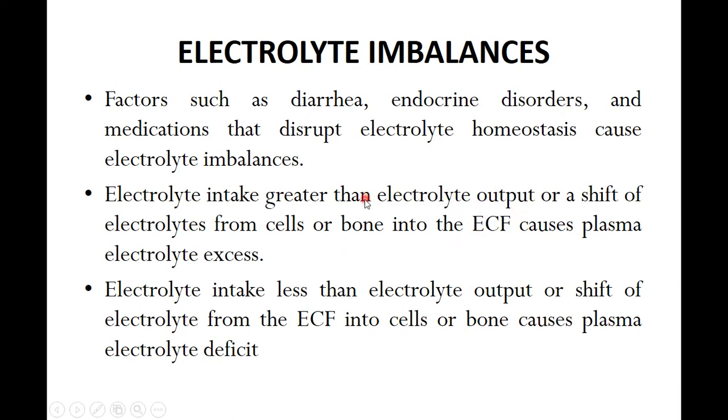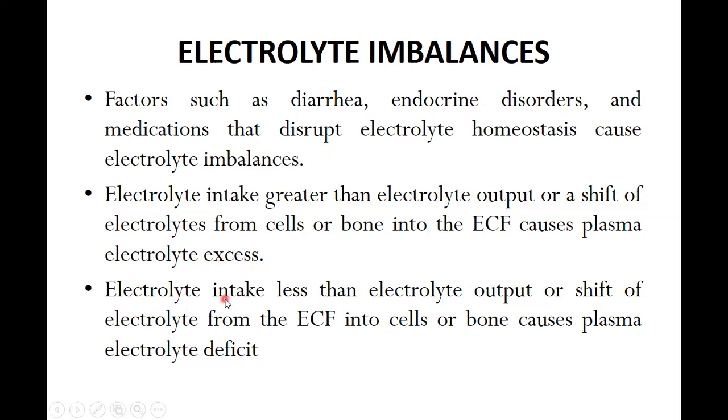Or if there's a shift of electrolytes, the electrolytes that are inside the cell, for example, move from the cell into the extracellular space, or if those electrolytes that are found in the bone, such as calcium, they move from the bone into the interstitial space or into the intravascular space, that will cause electrolyte excesses. There will be too many electrolytes in the plasma because they've moved from the bone or the cells into the plasma.